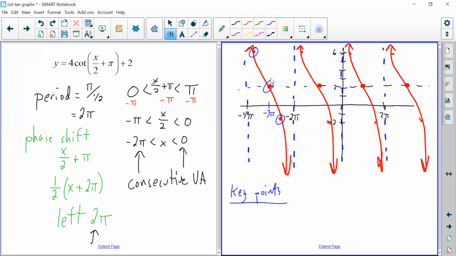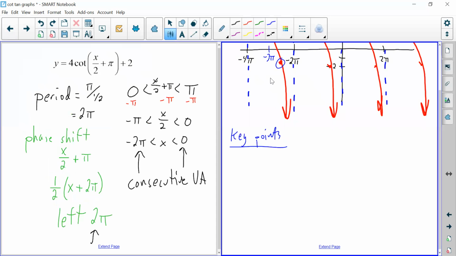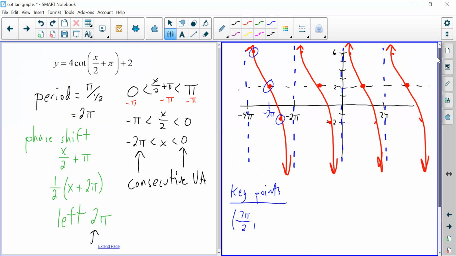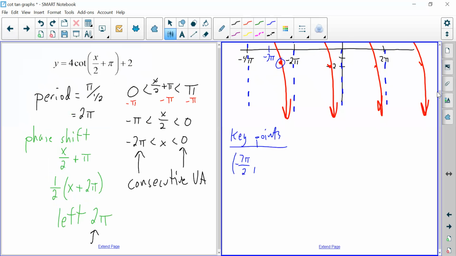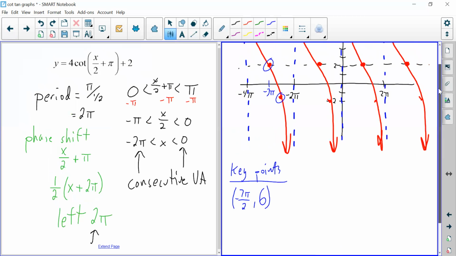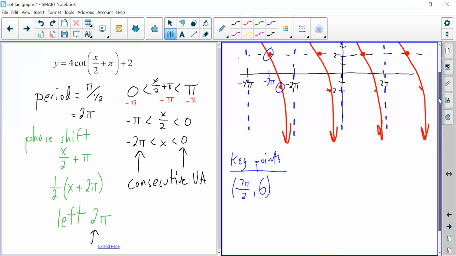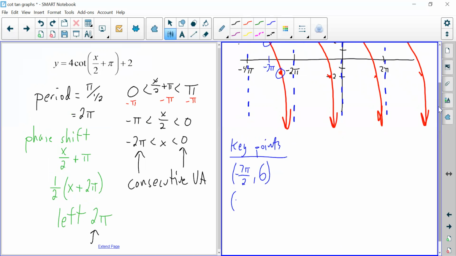So the one halfway between negative 3 pi and negative 4 pi is negative 3.5 pi, which is negative 7 halves pi. And the y value is positive 6. The ordered pair that's right in the middle is at negative 3 pi, comma 2.